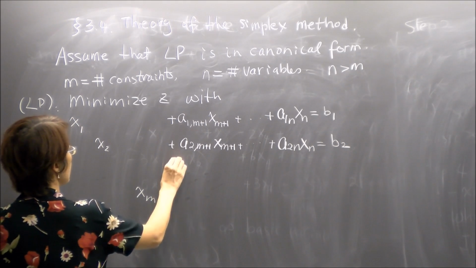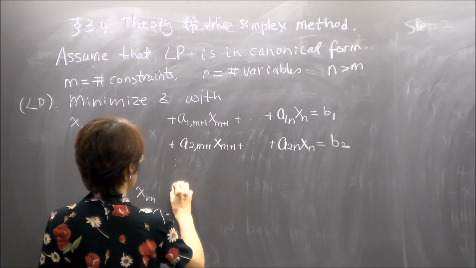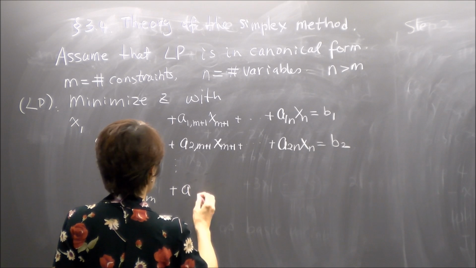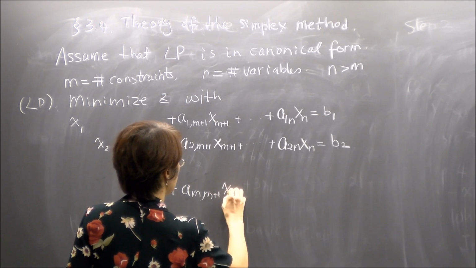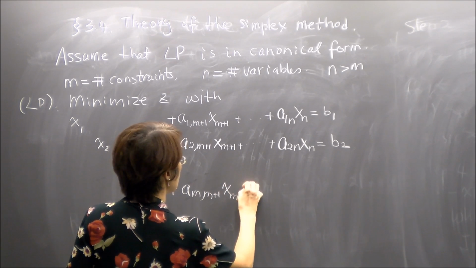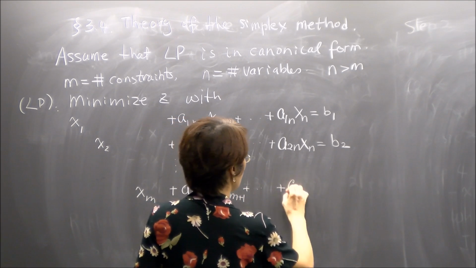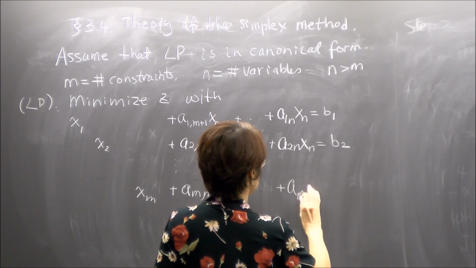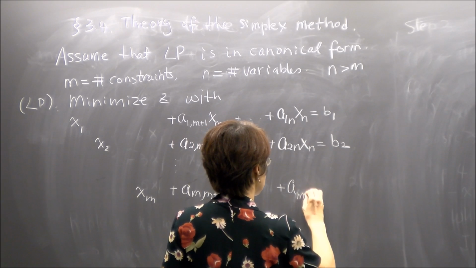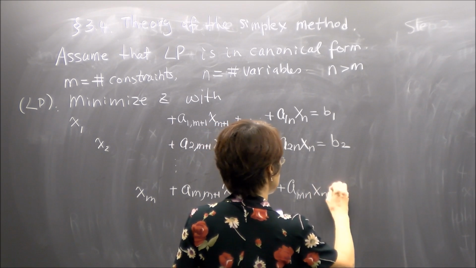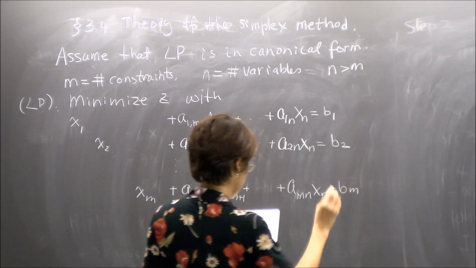And then you have many of these equations until you reach the last one, xm plus a m, m plus 1, xm plus 1, plus dot dot dot, plus a m n xn, equals bm.